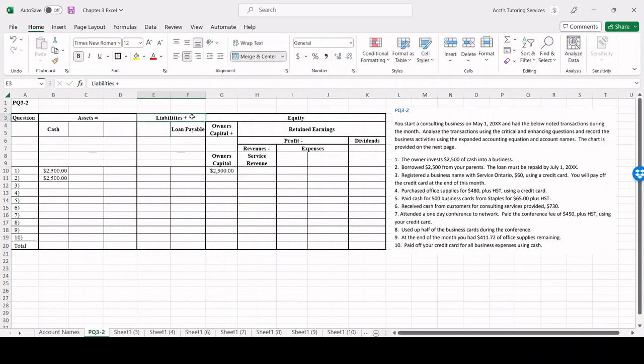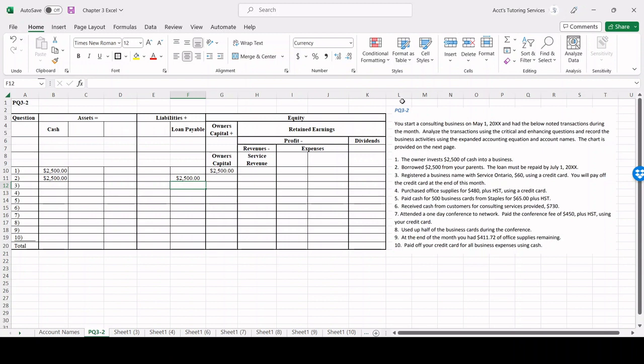That's a liability because that is a future obligation. And remember, we don't have to memorize these accounts. It fully tells us it's a loan. And we know that whenever we borrow something, it's going to be a payable. So loan payable, $2,500.